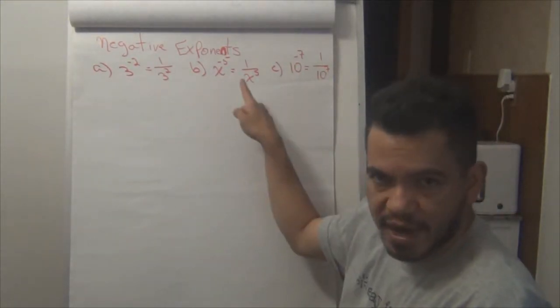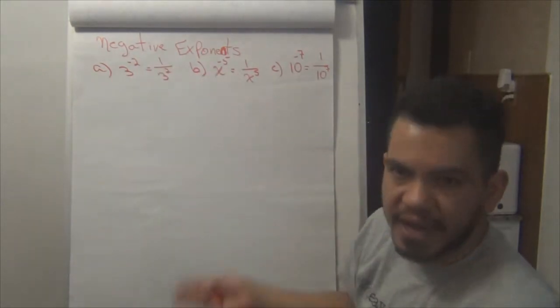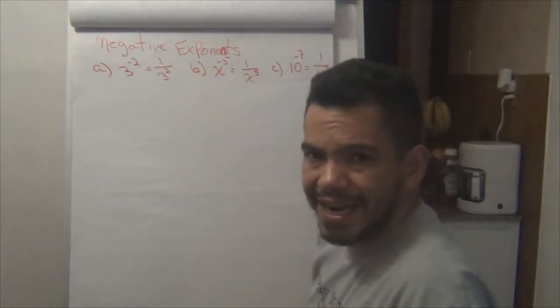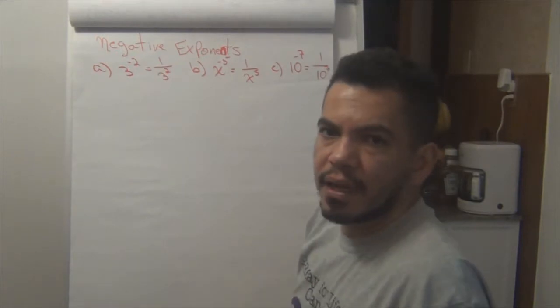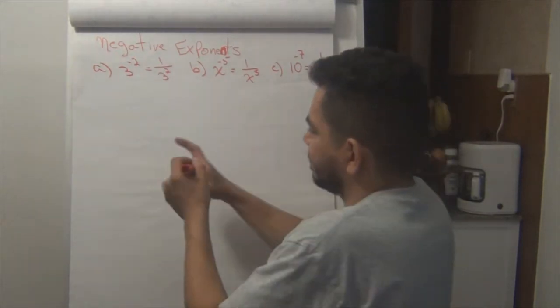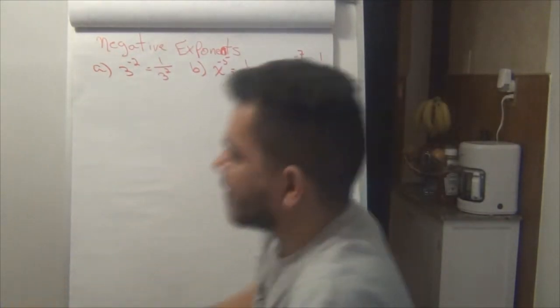So, facts, right? Now, explanation. When can I get a negative exponent? Well, the quotient rule. For example, let's divide something.